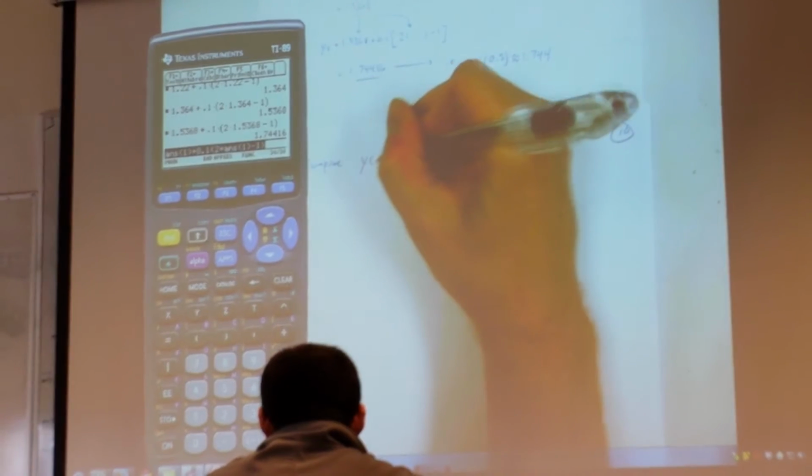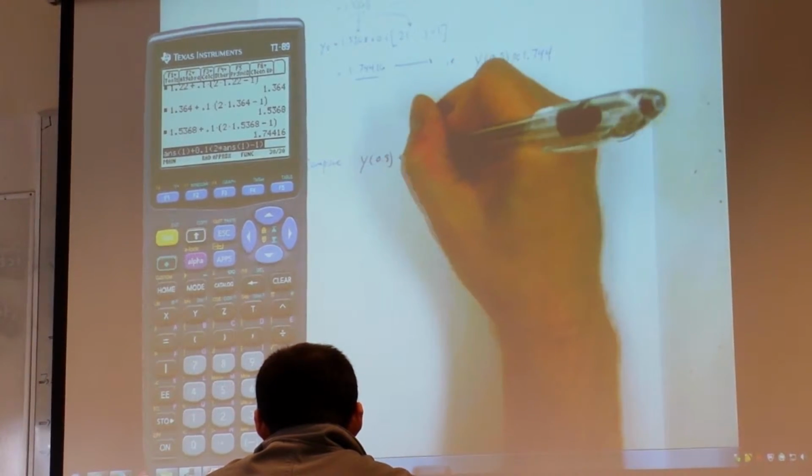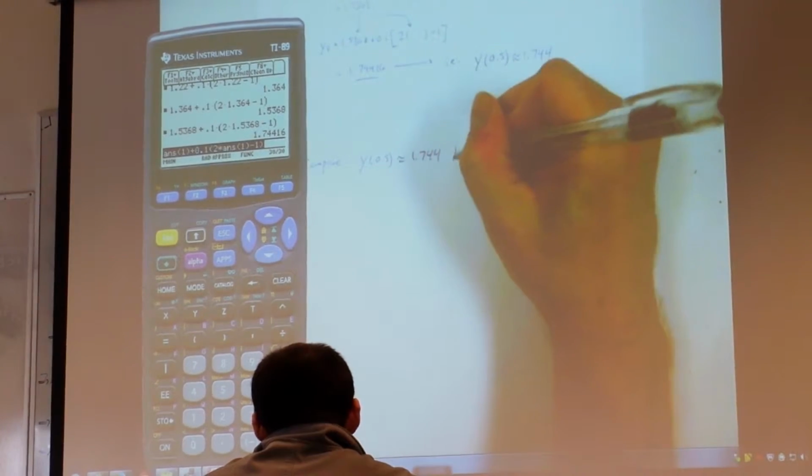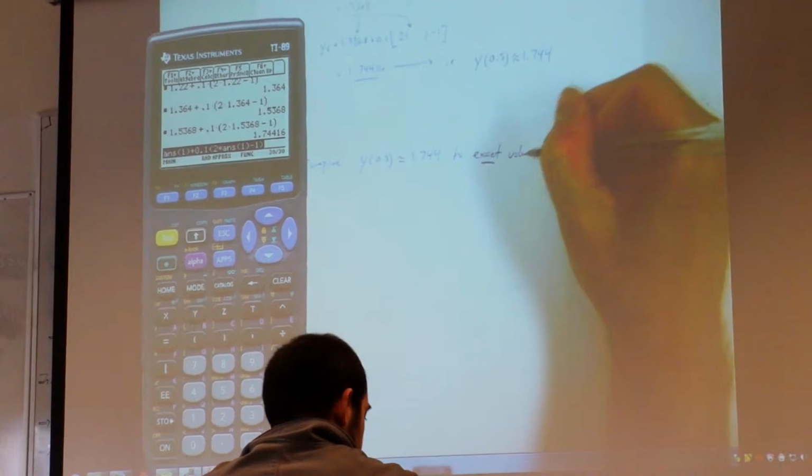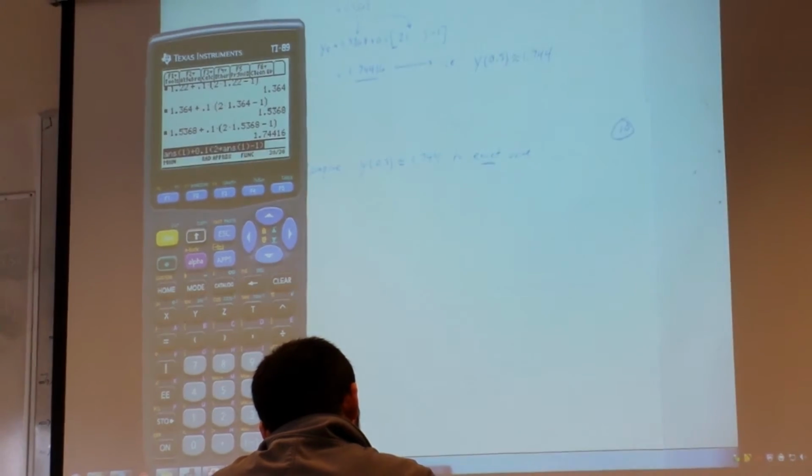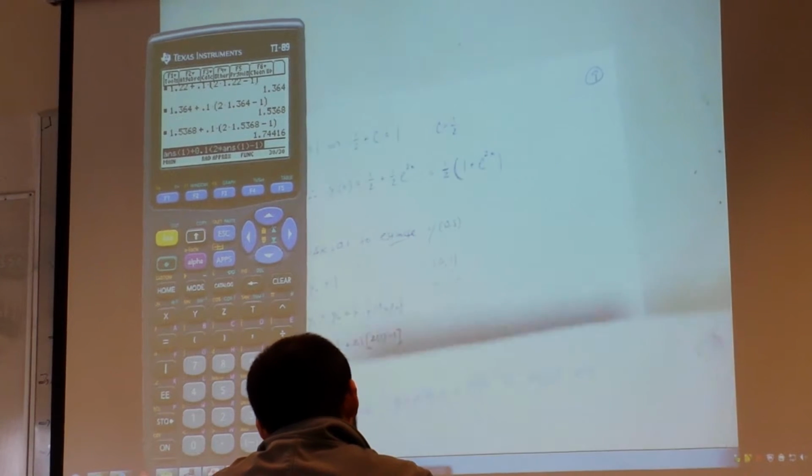All right, so y of 0.5, approximately 1.744 to the exact value. All right, and we have an exact function right there.